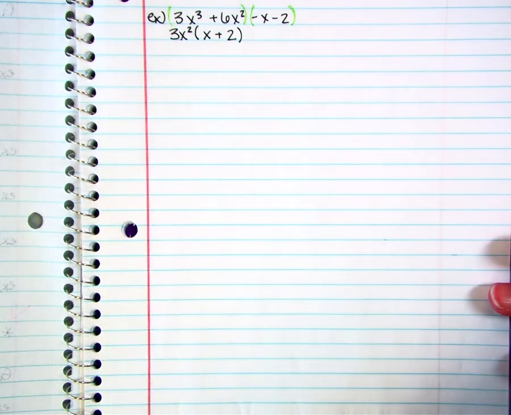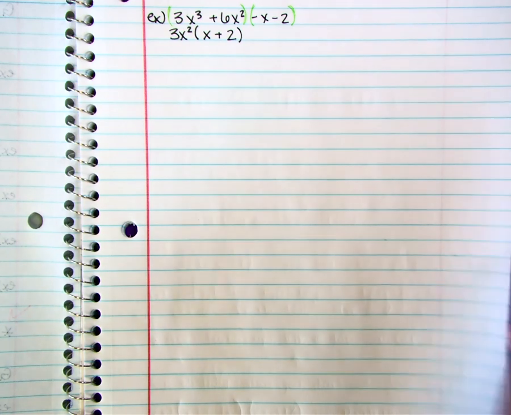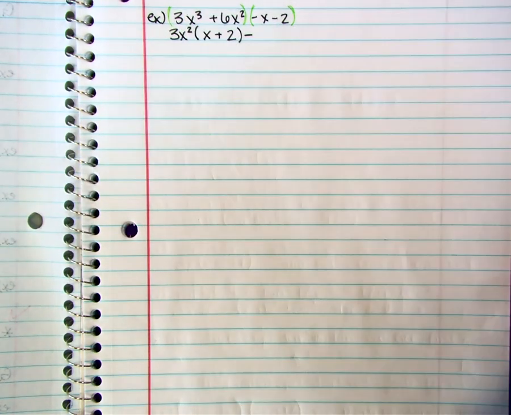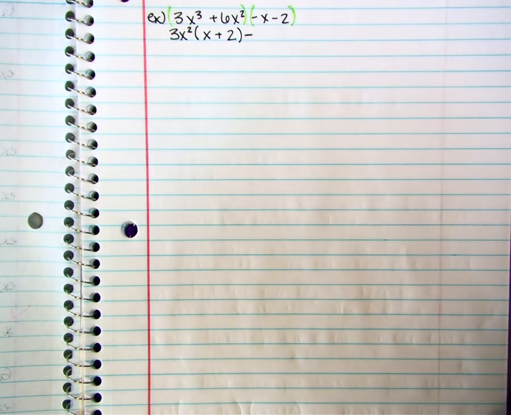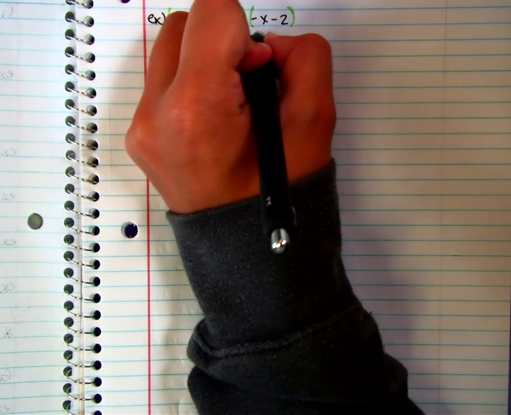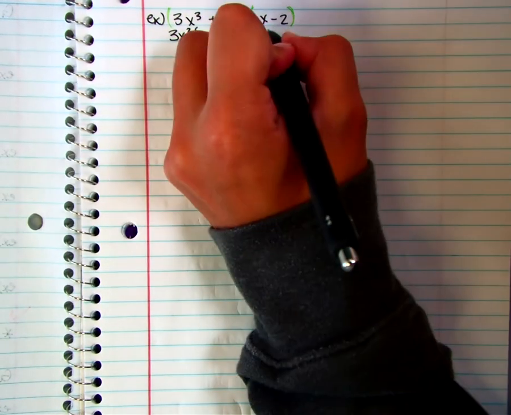Negative x and negative 2: remember that when we take out a GCF and the leading term is negative, we want to take out a negative. So we're going to take out a negative. x and 2 have nothing else in common. If it helps you feel better, if it helps you sleep at night, we can take out a 1. Then we've got a nice little placeholder there. If not, you can just leave it as a negative.